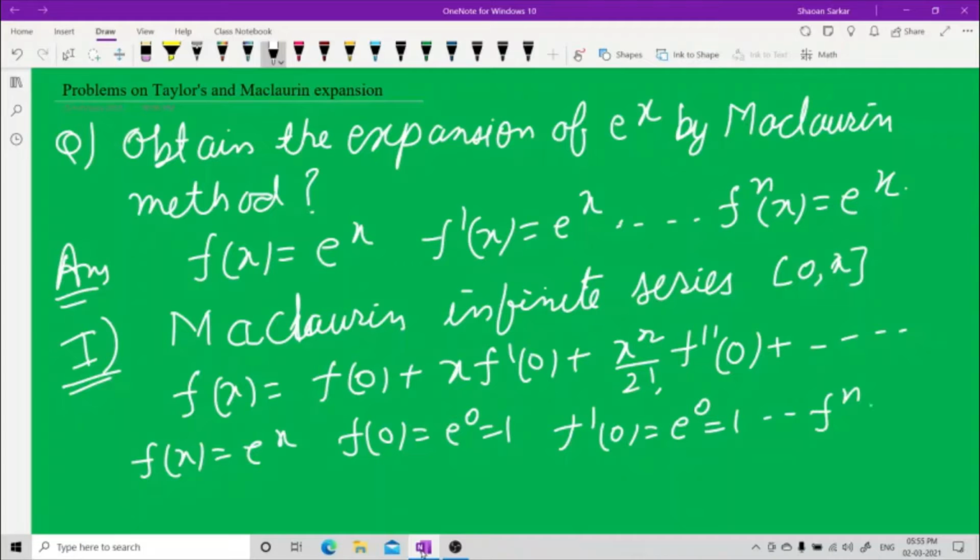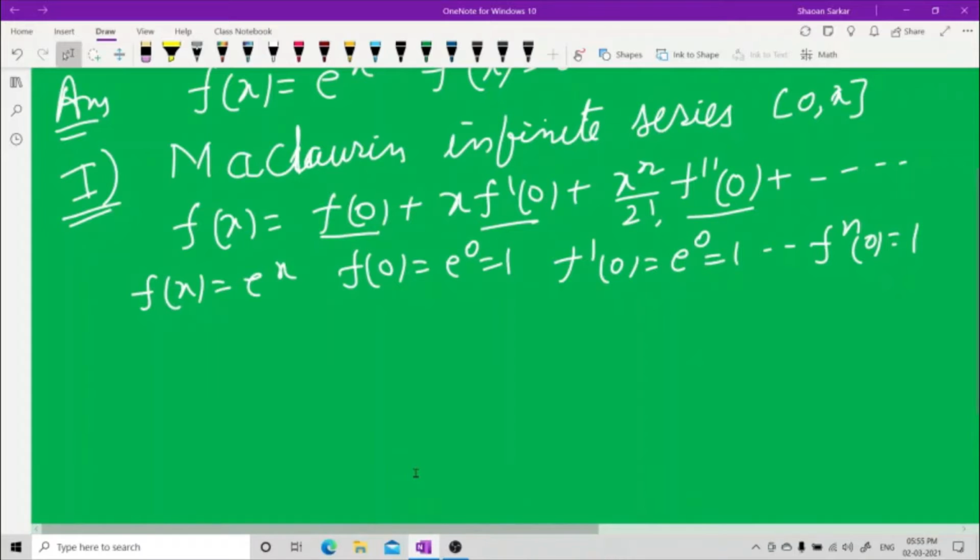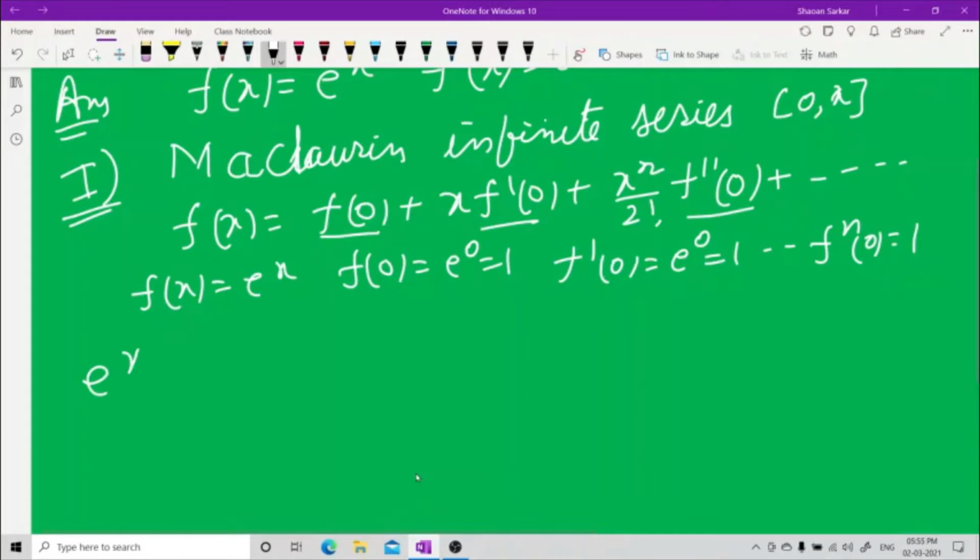All f^n(0) are 1. So what you have is e to the power of x equals 1 plus x, you need not write the 1 for f dash 0, plus x square by 2 factorial plus x cube by 3 factorial and so forth.